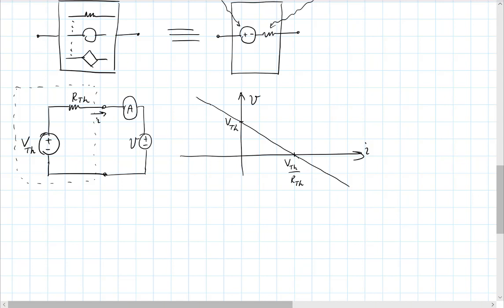Or conversely, put any V and calculate I, and you will see that you will fall on this line. So this line has a slope of R, well, in this case negative R, because of the way the direction of the current is. And it crosses the vertical axis at V Thevenin and the horizontal axis at V Thevenin divided by R Thevenin.